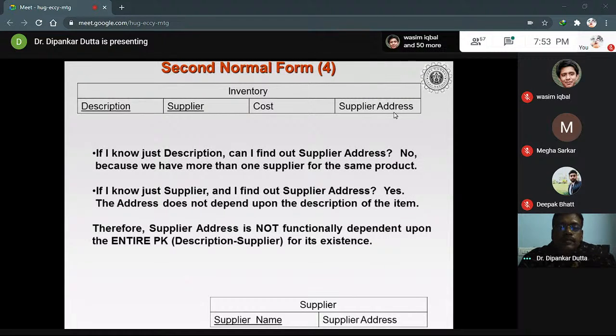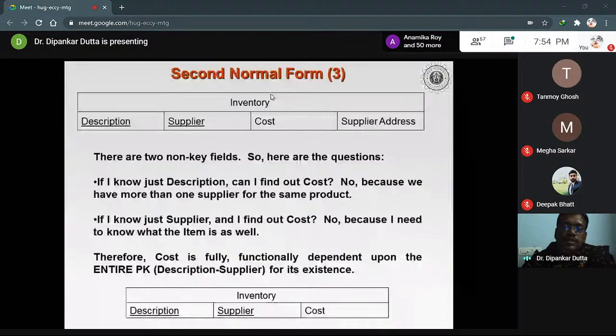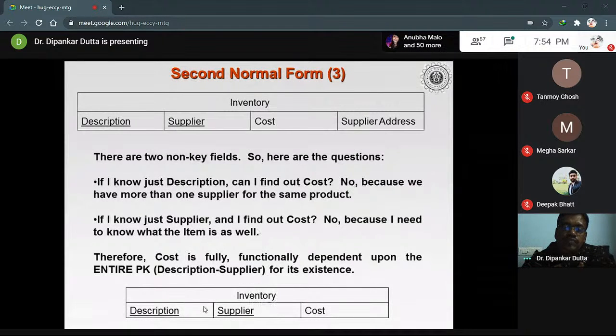Okay, so we have to write another table: supplier, where supplier name, supplier address. So we have to divide this inventory table into two tables. One is the modified inventory table.